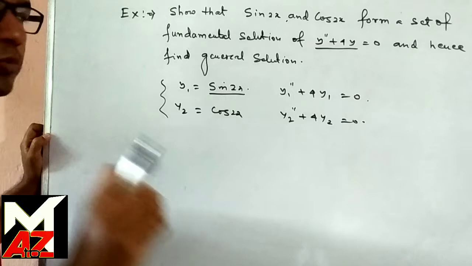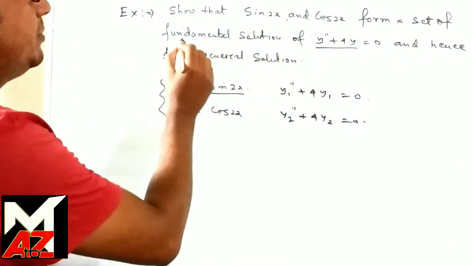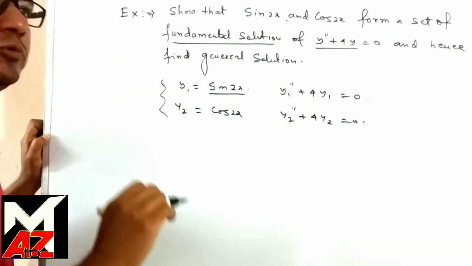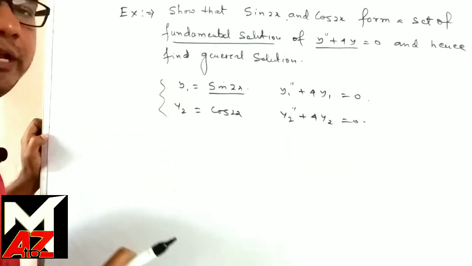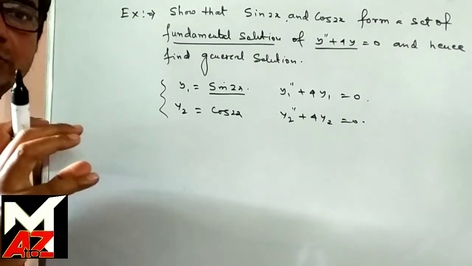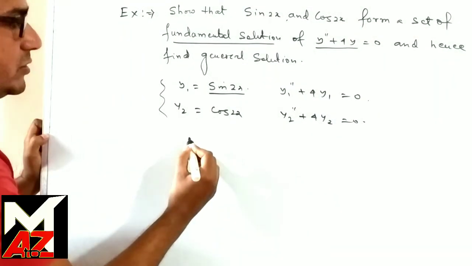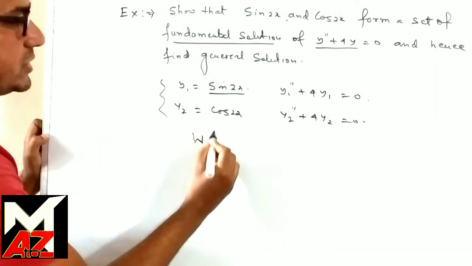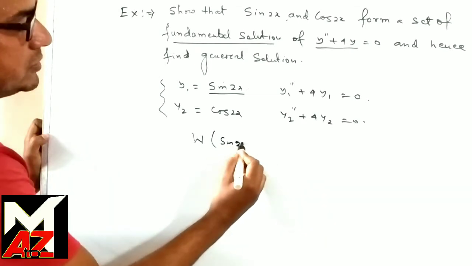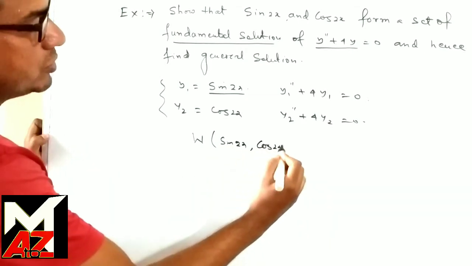To prove these two are fundamental solutions, we have to show that these solutions are independent. Fundamental solutions means the solutions are independent. So we find out the Wronskian of sin 2x and cos 2x.